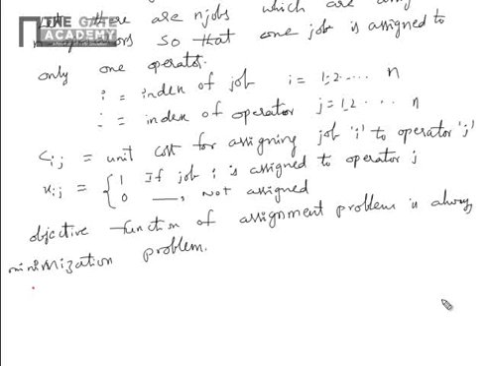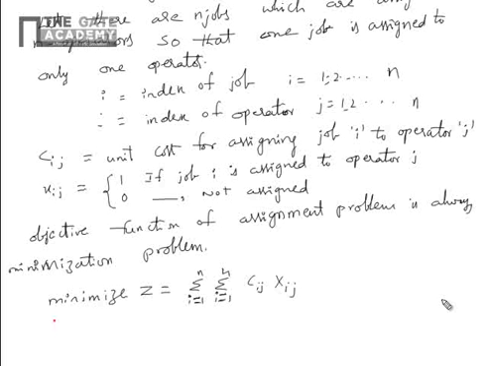So here also we minimize the cost of assigning a job to an operator. Minimize Z equal to sigma i equal to 1 to n, sigma j equal to 1 to n, Cij Xij.